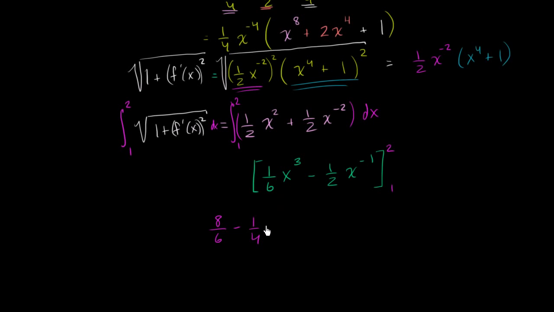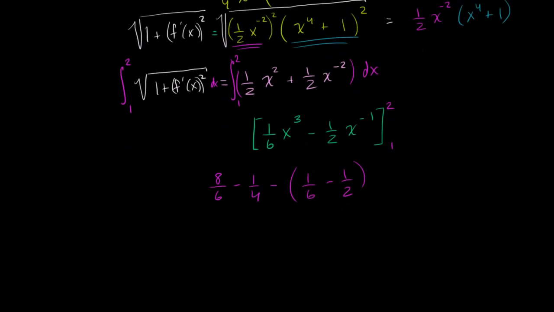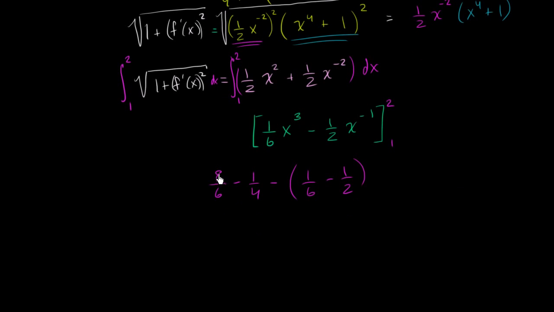And when you evaluate it at 1, we're going to subtract, evaluating it at 1, 1/6 minus 1/2. And now we just have to evaluate these fractions. So this is 4/3 minus 1/4 minus 1/6, and then we have plus 1/2.